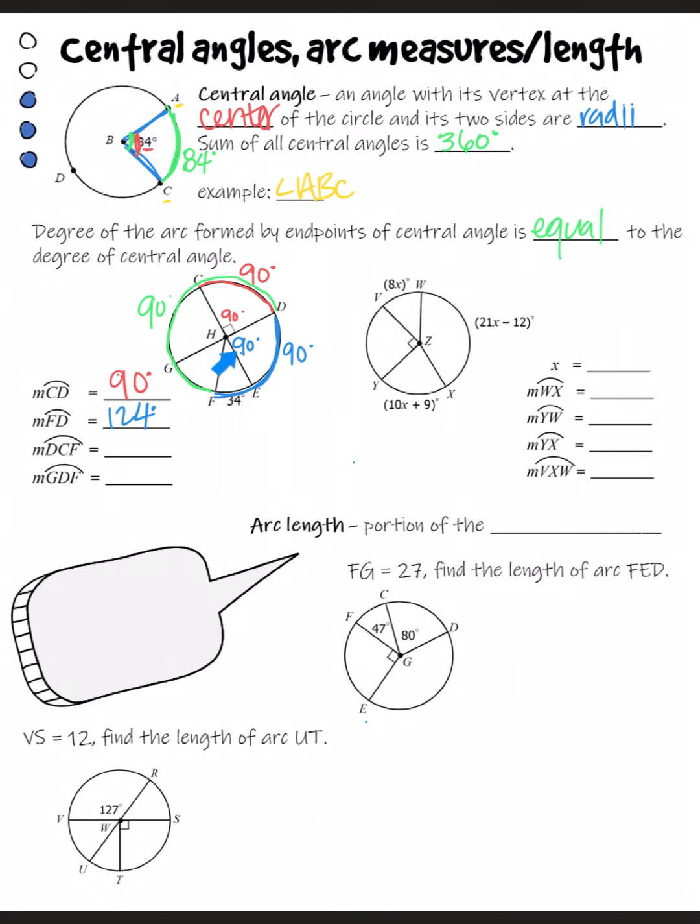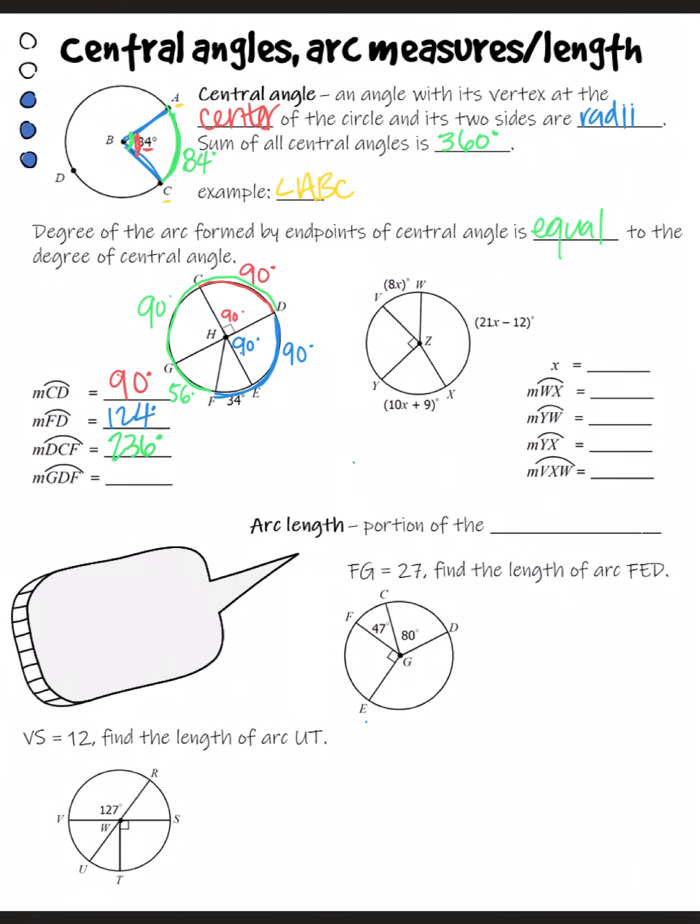Well, we know that this is a semicircle, and we know that this portion of that semicircle is 90. So then that means that these two angles have to add up to 90. So if these two add up to 90, this piece is 34. I take 90 minus 34, and that gives me 56. So the pieces that go DCF are 90 plus 90 plus 56, and that is 236.